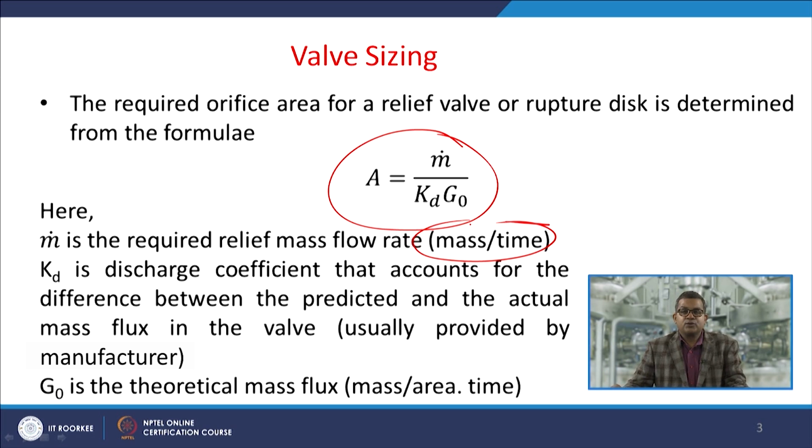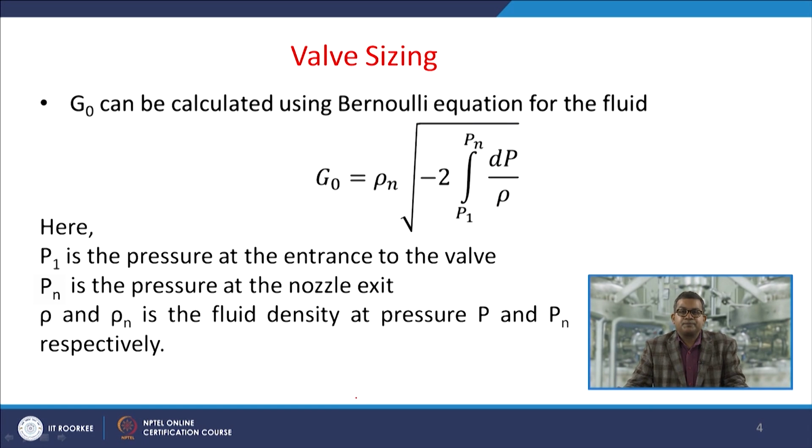Kd is the discharge coefficient that accounts for the difference between the predicted and the actual mass flux in the valve, usually provided by the manufacturer. And G naught is the theoretical mass flux, having the unit of mass per unit area per time.